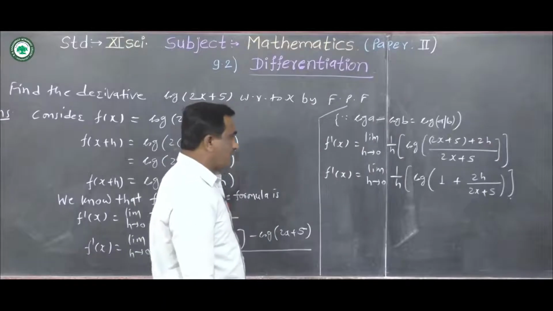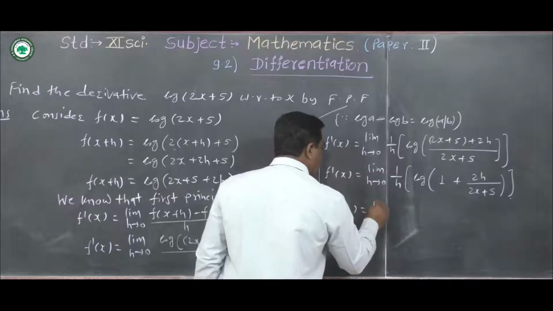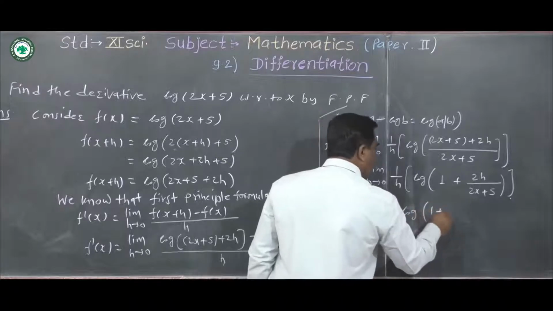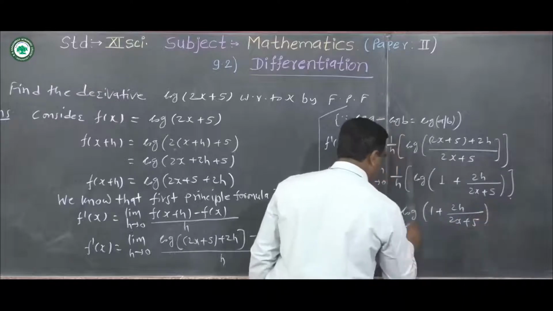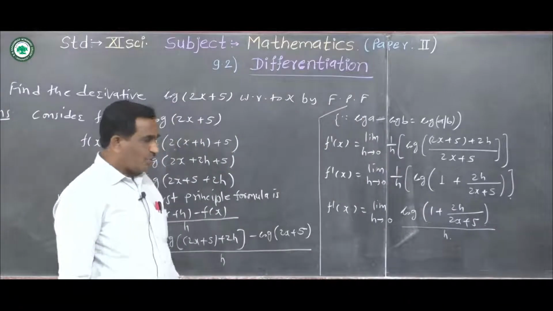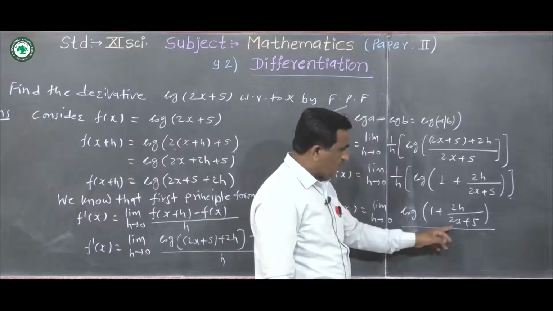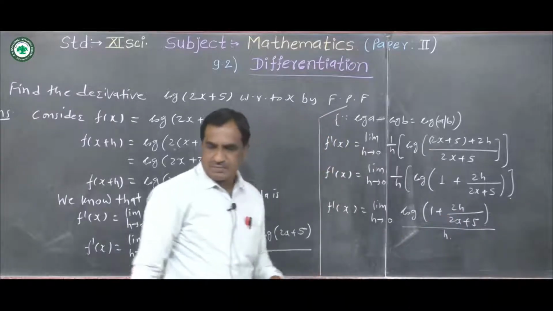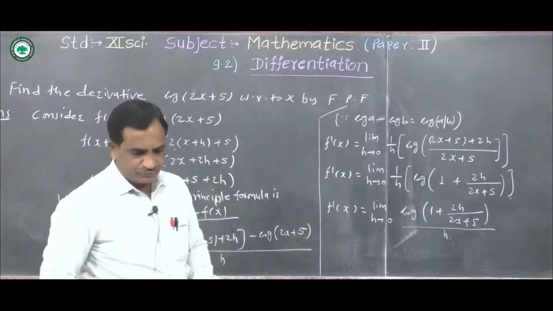Okay, that is f dash of x is equal to limit h tends to 0 of log of 1 plus 2h upon 2x plus 5, upon h. Now we want to add the denominator also, 2h upon 2x plus 5, therefore multiply and divide this term by 2 upon 2x plus 5.